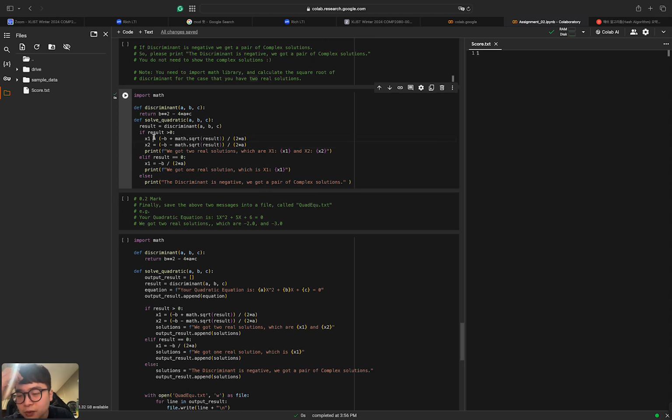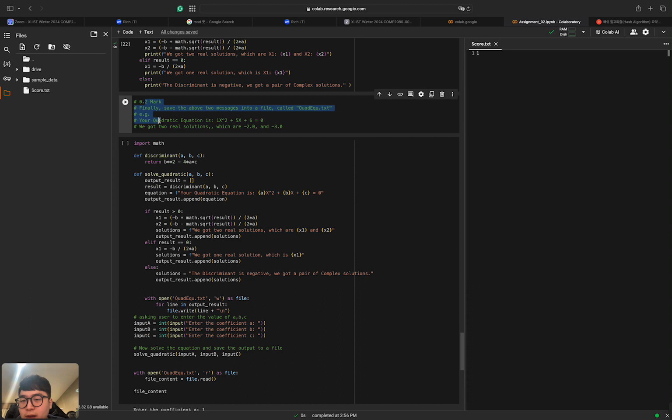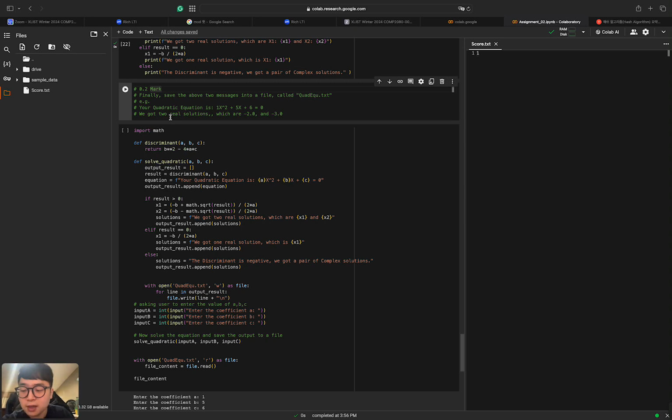These are the formulas. The second option is when the result equals 0. In this case it should be minus b divided by 2 multiplied by a, and the final part is solving the discriminant, right?